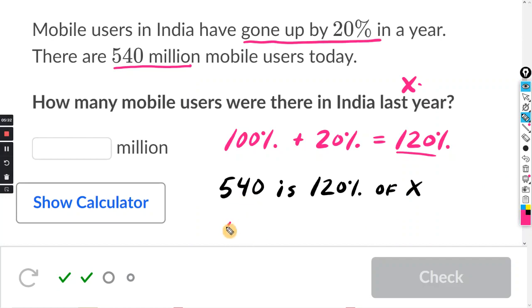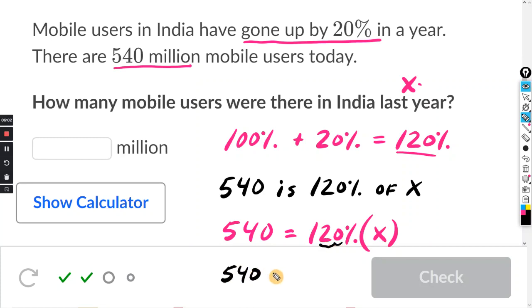We could say 540 is or equals 120% of means multiply times X. All right, and we said before to change percentage to decimal, you divide by 100 or move the decimal 2 places to the left. So 1, 2. So we have 540 equals 1.20 times X.